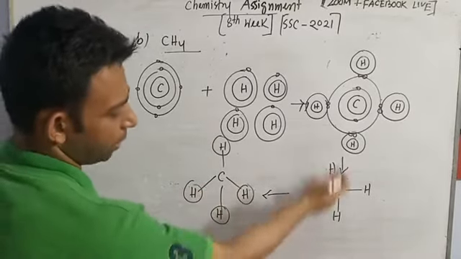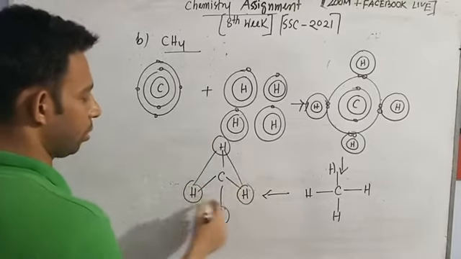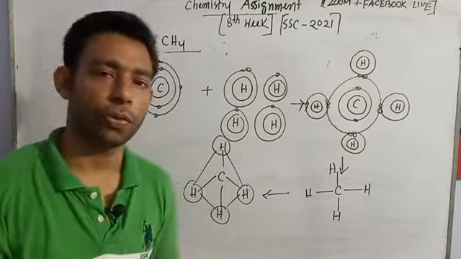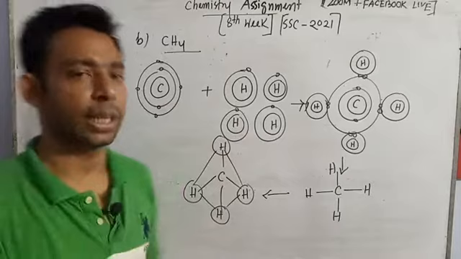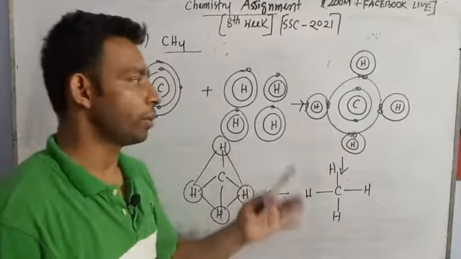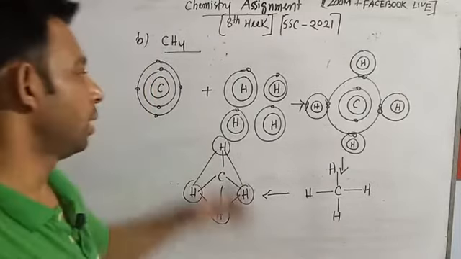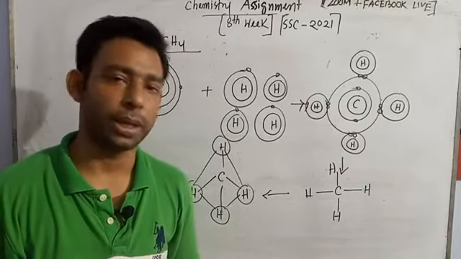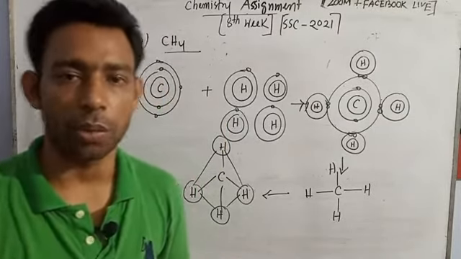You can skip this stage directly. The shape forms after sharing the electrons of 4 hydrogens and carbon together, forming the covalent bond by electron sharing. I think you understood this one.